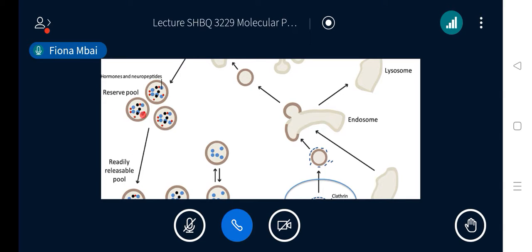So when these vesicles are ready, they sit inside the cell, and the reason they sit inside the cell is because you cannot afford the delays in transmitting signals, either through hormones or neuropeptides, especially in neuropeptides, because remember the nerve signals need to be moved within milliseconds.